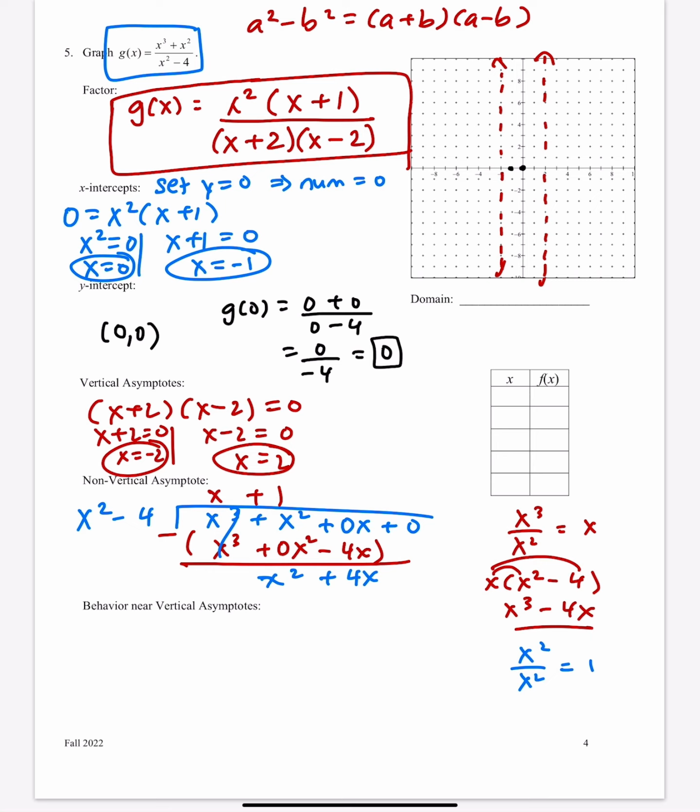So this is my slant asymptote. I technically can just stop here, right? But if you wanted to continue, this is what it's going to look like. It's going to be minus 1 times x squared minus 4. That's like saying x squared minus 4. So that's x squared. You skip this because there's a missing x, and you drop down to 0. I should have dropped down to 0 first.